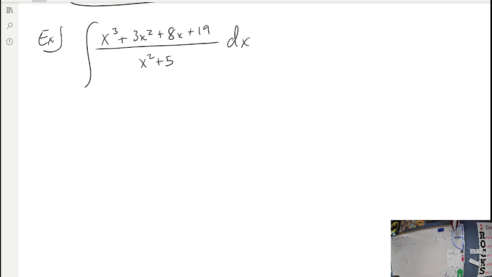I was looking at the wrong problem. I ran out of space. Over x squared plus 5. I'm not that tall. I'm not Superman. Sucks. I ran out of space.